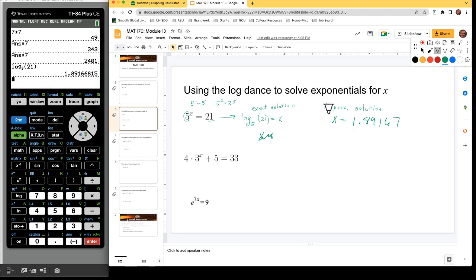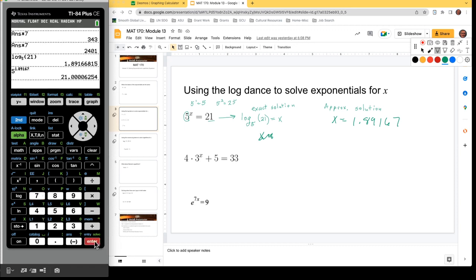And again, what you can see is if you take 5 and you raise it to the 1.89167, we're going to get pretty close to 21. We won't get exactly 21, I don't think, but close enough that it works.